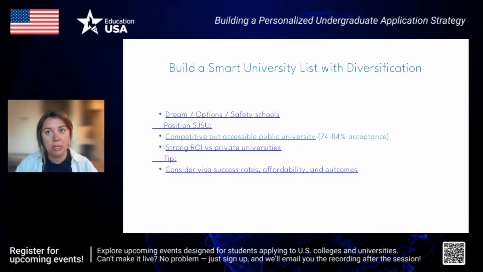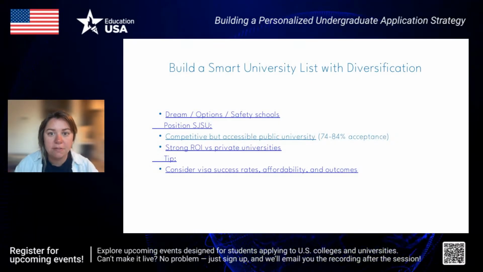If the location is important to you, about how far you want to be from your family, there are also many U.S. universities that are in Dubai, for example, or are in China, for example. So if you would like to go to a US university, but you wouldn't like to go to the US, there are those options as well that you can apply to. But of course, if you want the experience of being in the US, then there's no comparison to that.